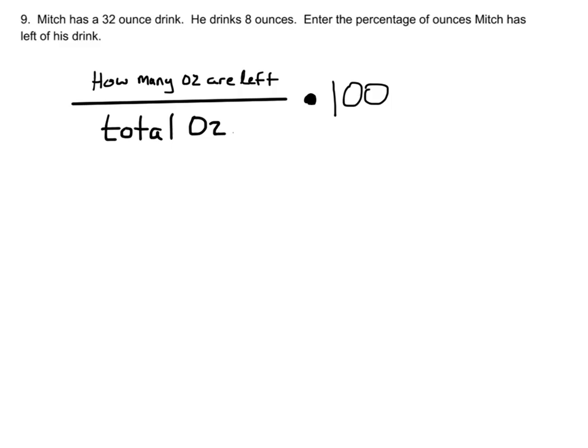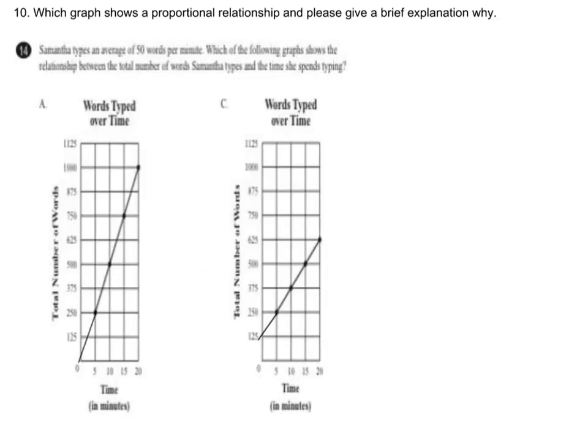If he had 32 ounces, subtract 8 ounces, that equals our left, right? Divide that by the total ounces and then times by 100. You guys should know this. I've gone over this and I'll explain this in class, but one of these is right and one of these is wrong.